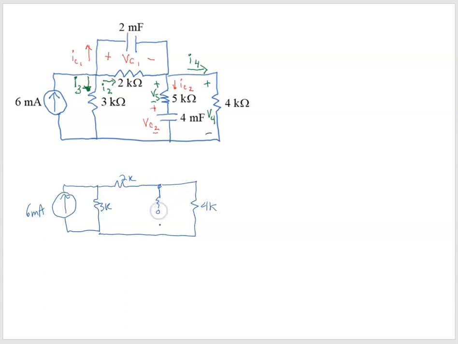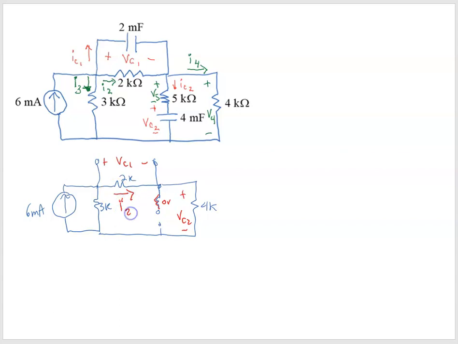But we'll draw this capacitor as just open, draw this capacitor as open, and then we have our plus or minus VC1, and since that's 0 volts because it's an open circuit, there's our plus or minus VC2. So we have to just make sure that we can see that we have this current.